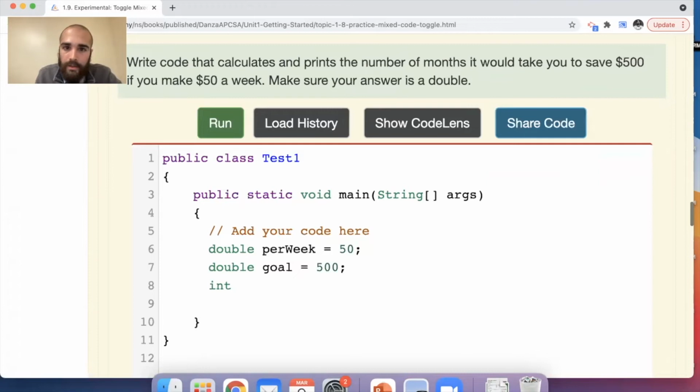And I'll say, what do I want to call this variable? I'll say print the number of months to goal. And I'll say goal divided by per week.